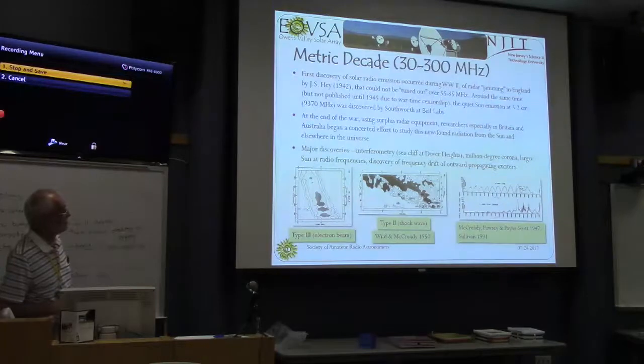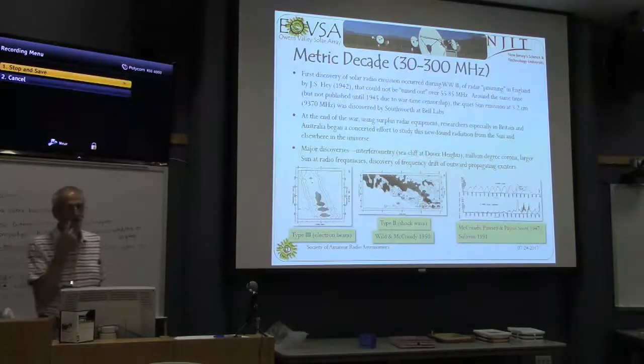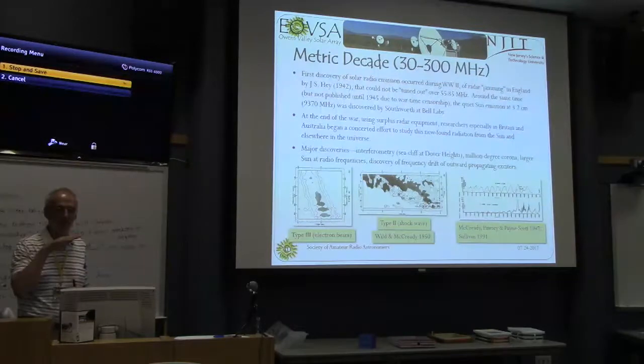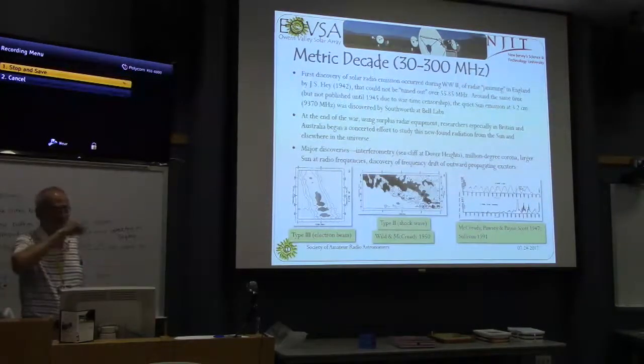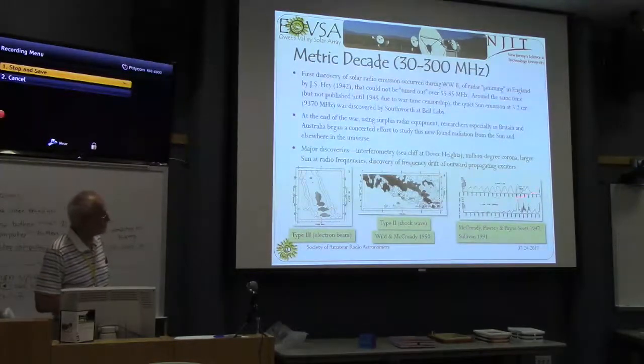Major discoveries in the case of the sun included interferometry, using a sea-cliff interferometer at Dover Heights in Australia. They got the direct radiation from the sun, and then they got a reflection off from the sea. And those radiations arrived sometimes in phase and sometimes out of phase, so you got destructive or constructive interference.